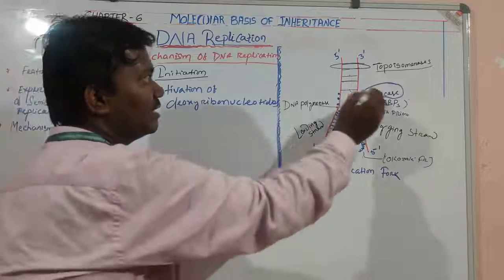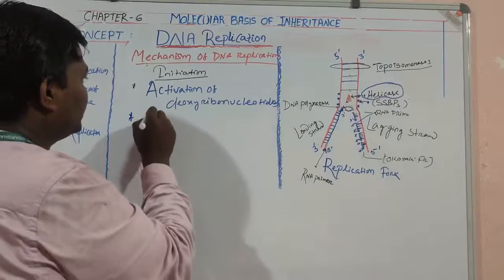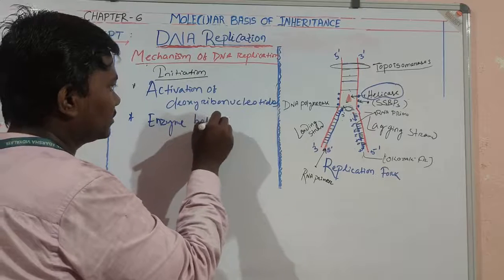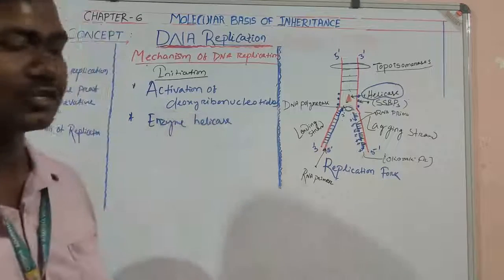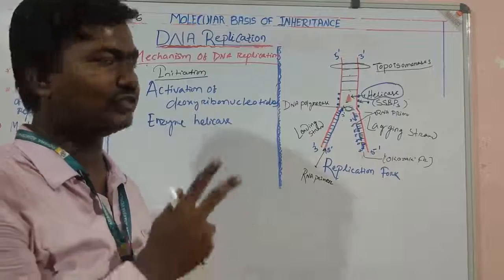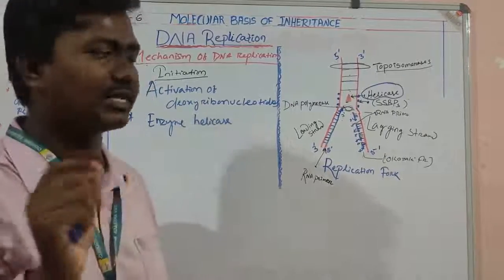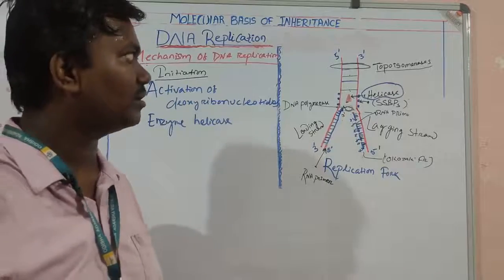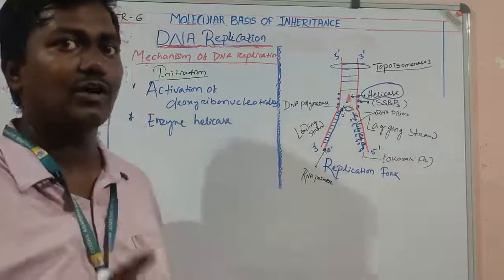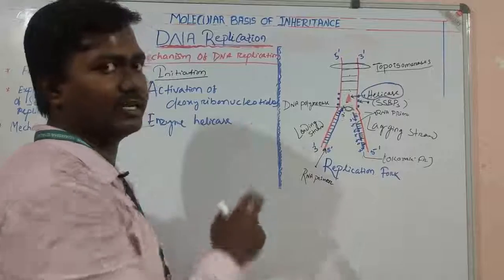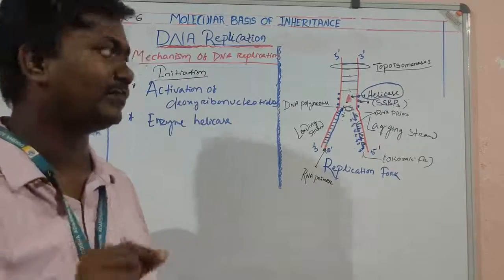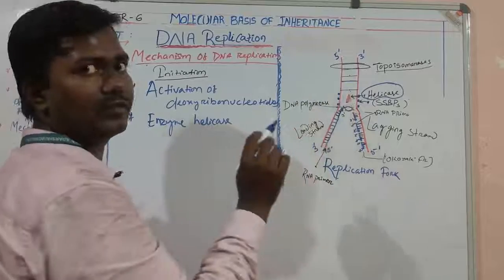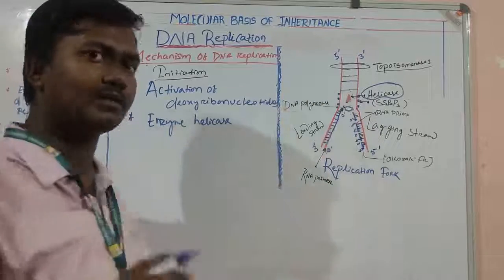Then the enzyme helicase starts to unwind DNA at a particular site, that is origin of replication. Remember, helicase unwinds the DNA at origin of replication by breaking the hydrogen bonds between the two strands.